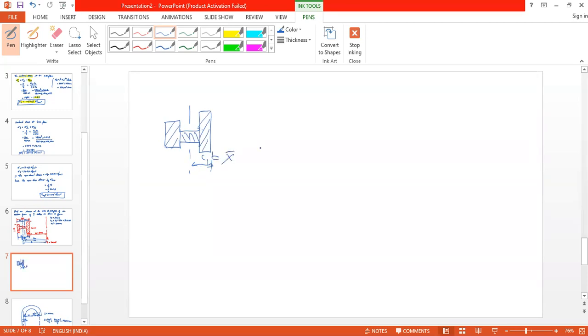So C1 is nothing but x bar. x bar is equal to a1 x1 plus a2 x2 plus a3 x3 divided by a1 plus a2 plus a3, since there are three areas. What is a1?